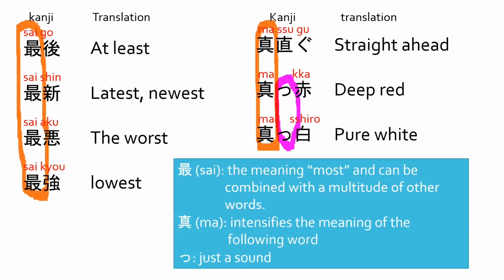Sai: its meaning is most in English and can be combined with a multitude of other words. And the right side, ma, intensifies the meaning of the following word. And you can see a tiny hiragana, tsu, which is just a sound. So when you read these words, it's not maka, mashiro, it's makka, masshiro.